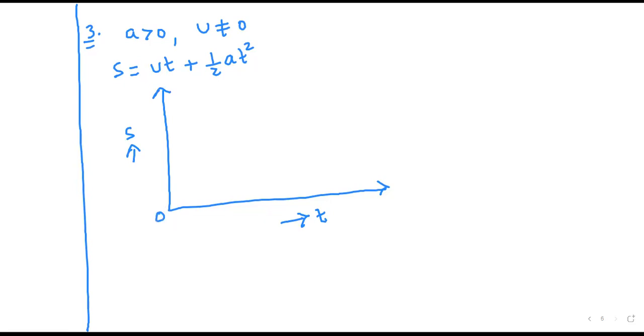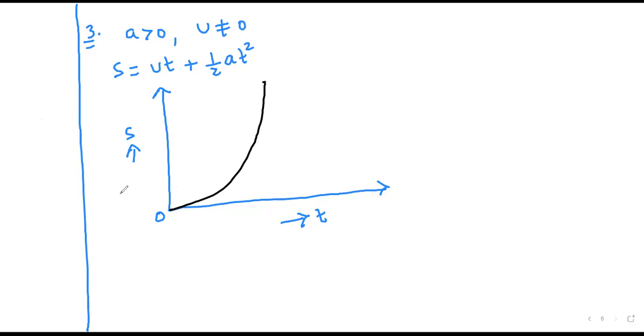This is the origin. As time increases, with time on the x-axis, it is in the shape of x square equal to some constant multiplied by y. So it will have a graph like this. On the negative side, time will not be negative.